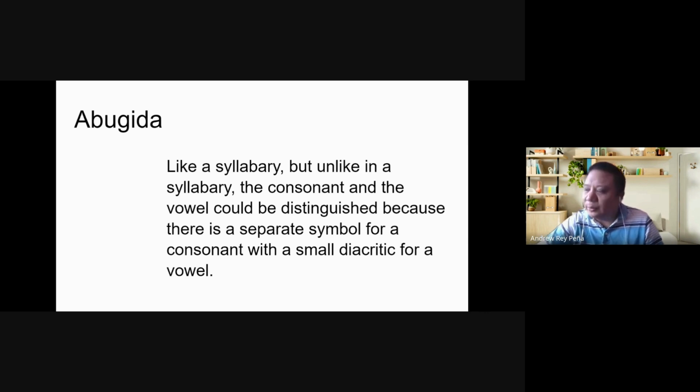So the difference between abugida and a syllabary: in a syllabary, you cannot distinguish the consonant from the vowel. But in abugida, you can distinguish the prominent consonant and the diacritic, which represents a vowel.